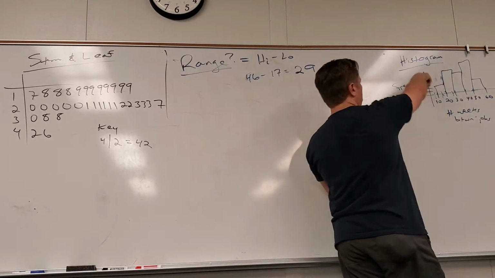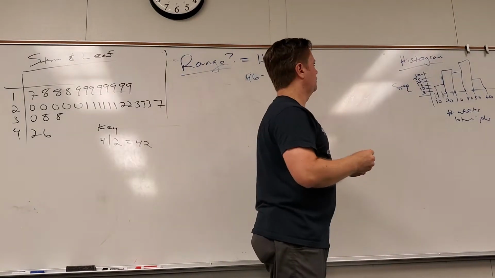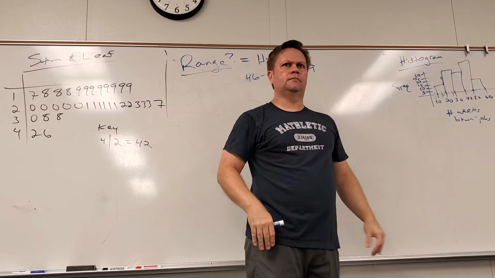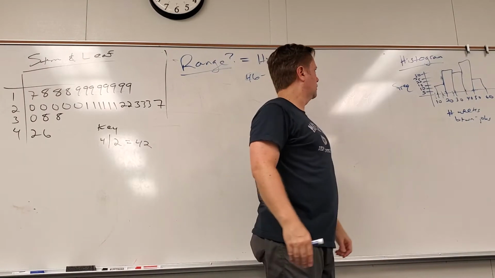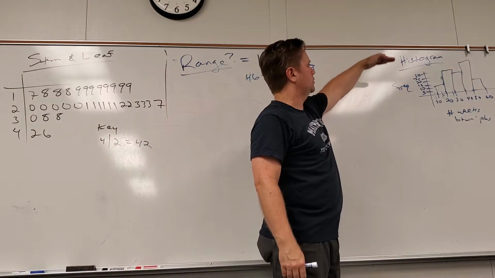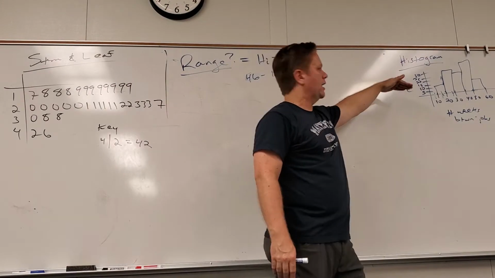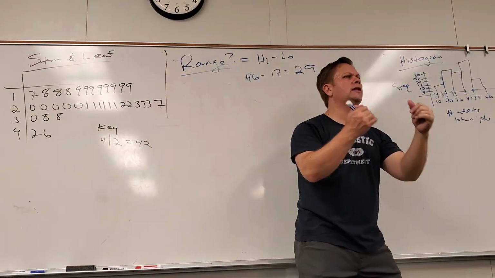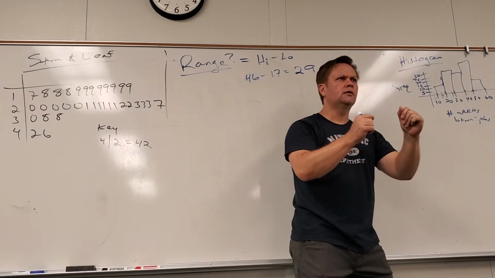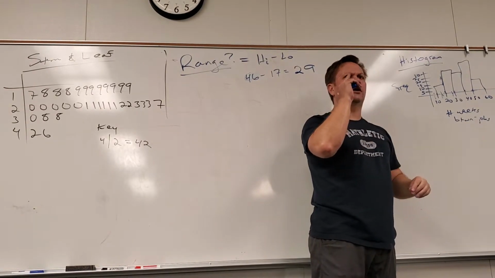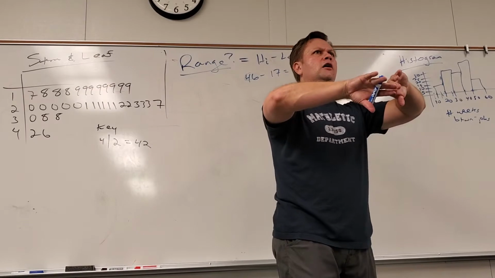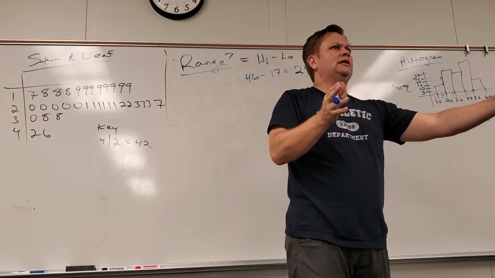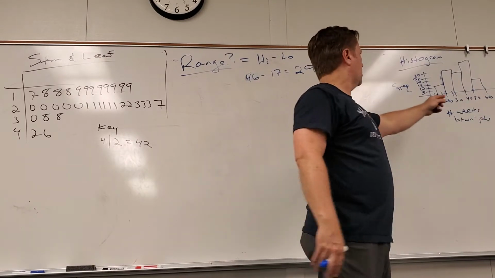And this is how many people, right? So can somebody tell me roughly how many people were from 10 to 20 weeks without a job? A little more than 10. I'd say like 13 maybe or 12. This is a crappy picture, but just an estimate. Does everybody see that? So if you had gotten off one job and then started the next job 17 weeks later, which bar would you be in?